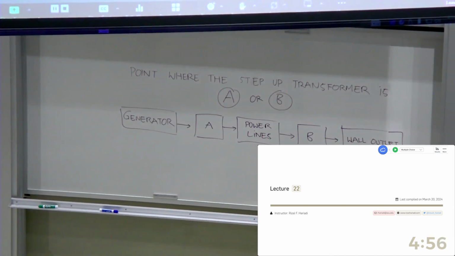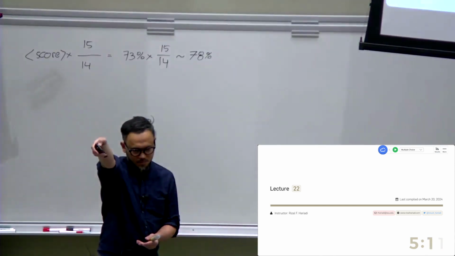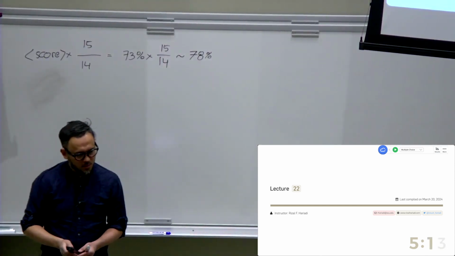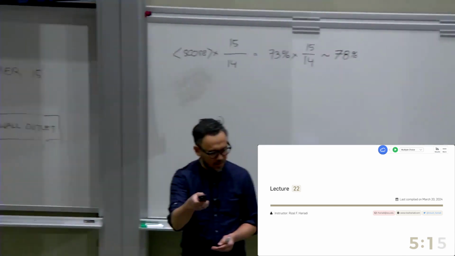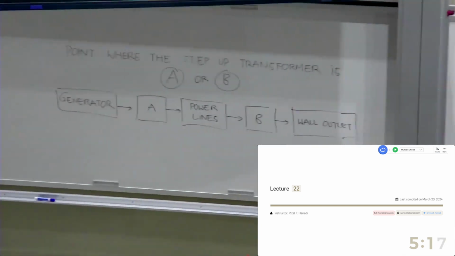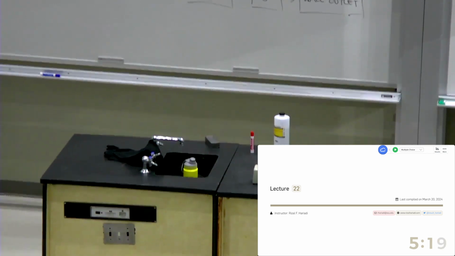Before we continue, let's recap. Last time we discussed mutual inductance. Basically, for mutual inductance, you need two coils. So I have a demo for you.